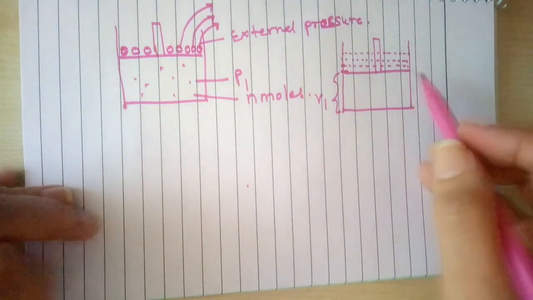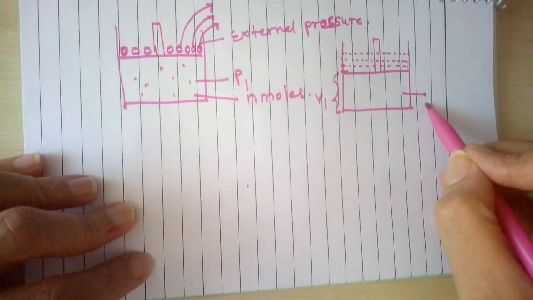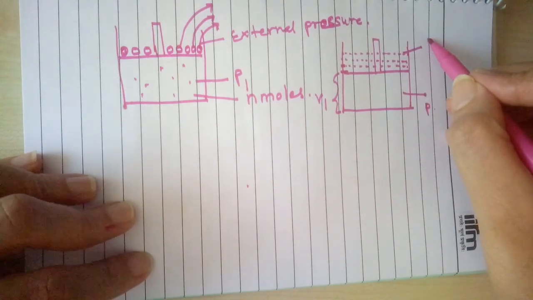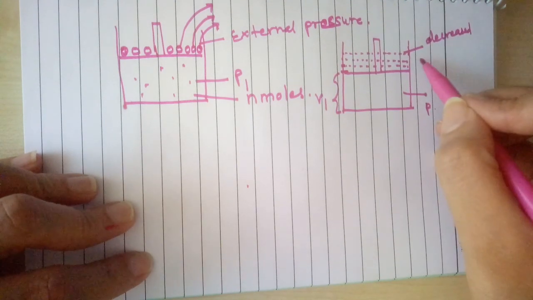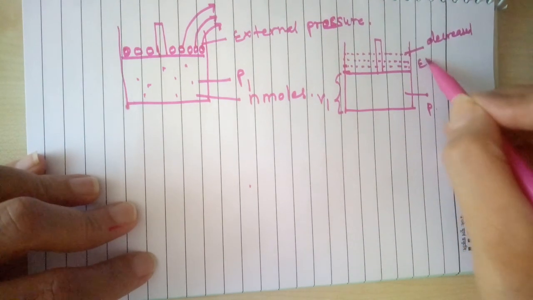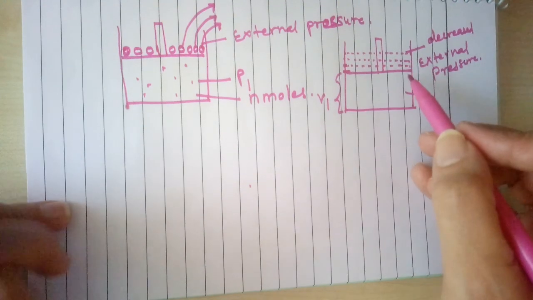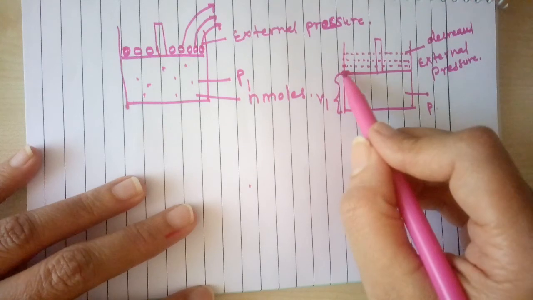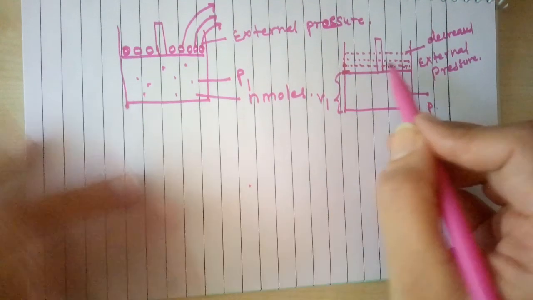And what happens to this pressure here? This is the pressure of the gas, and here this is the external pressure. So this external pressure is decreased, and since there is a decrease in the external pressure, the piston will move slightly up, and it will settle over here when you remove the first weight.